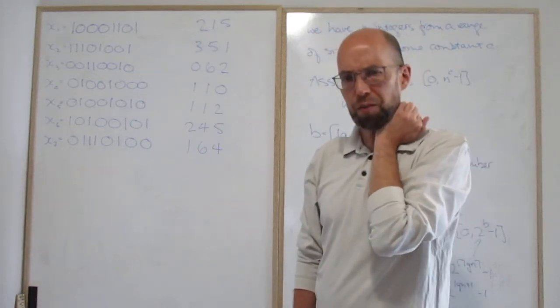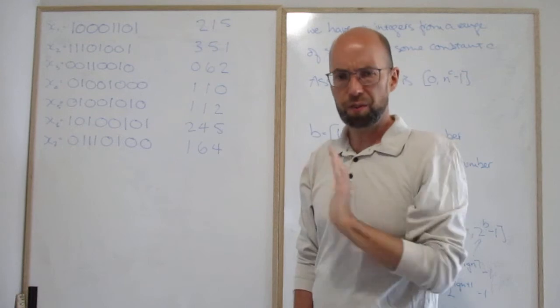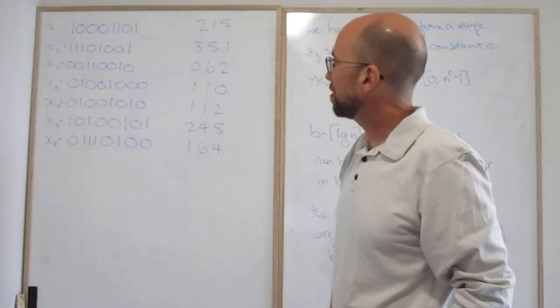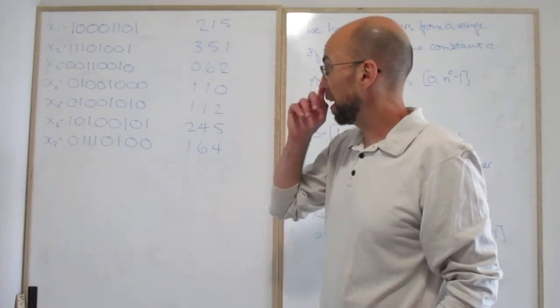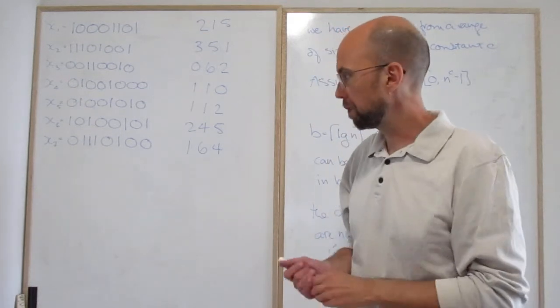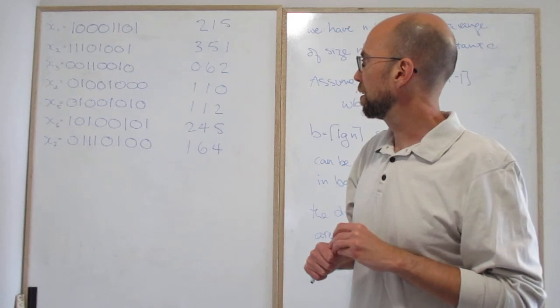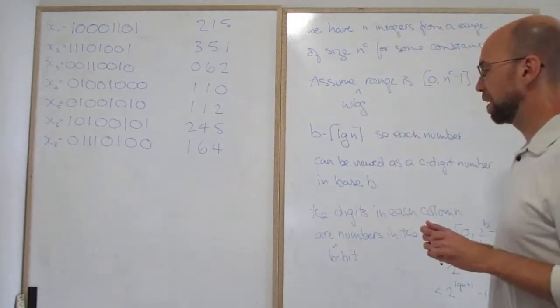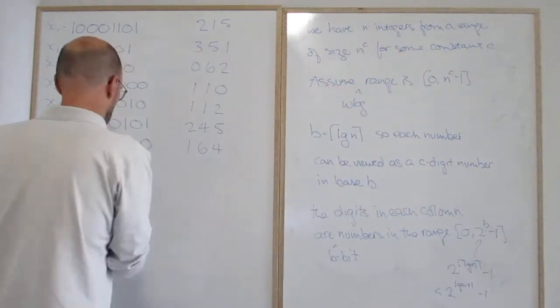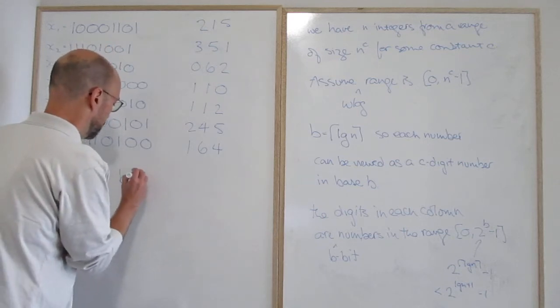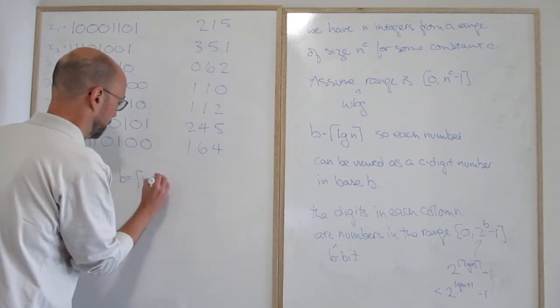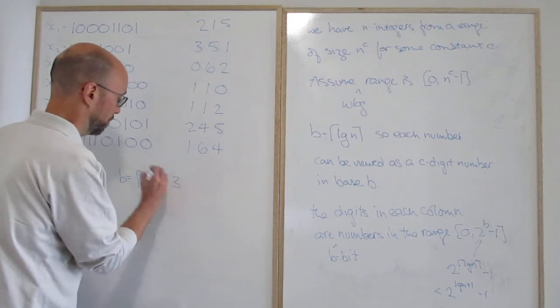Why did I choose a power of 2? You don't have to, it works anyway. So it's on 8 digits, and now we have 7 numbers. And so let's take B equals ceiling log 7 equals 3.